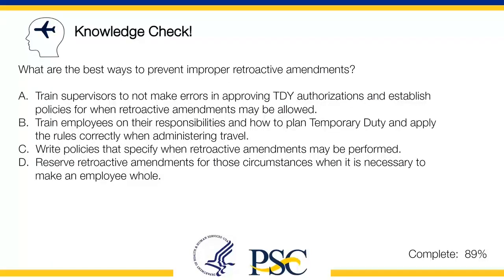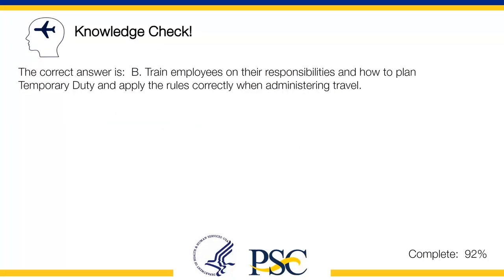D. Reserve retroactive amendments for those circumstances when it is necessary to make an employee whole. Pause the video, consider your response, and resume to learn the answer. The correct answer is B. Train employees on their responsibilities and how to plan temporary duty and apply the rules correctly when administering travel.